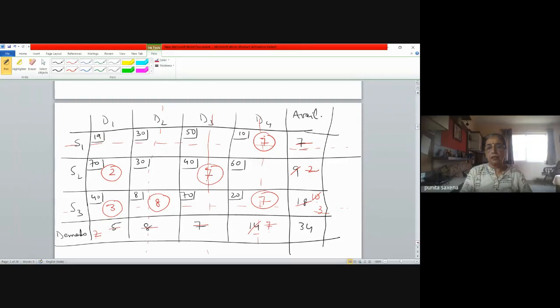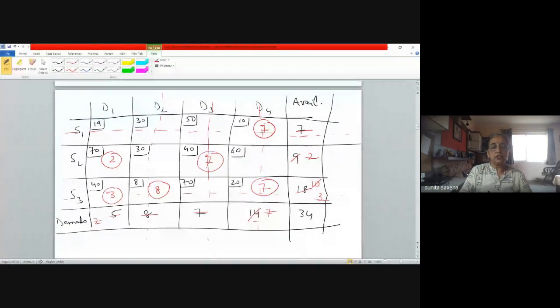Okay, I'll repeat the procedure again. We begin with the cell that has the least cost, and we start making the allocations as much as possible in that cell. After making the allocations, depending upon whether the availability or the demand has been exhausted, we eliminate that particular row or that particular column from the table and then repeat this procedure.